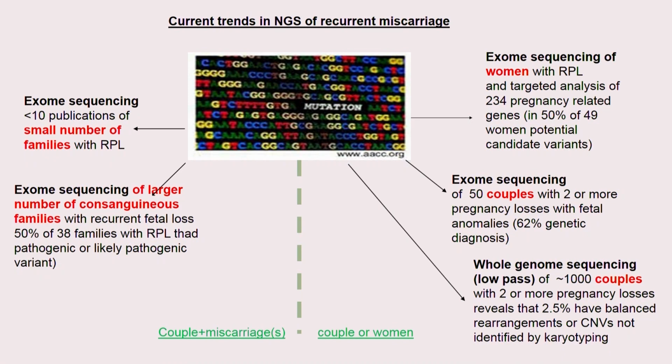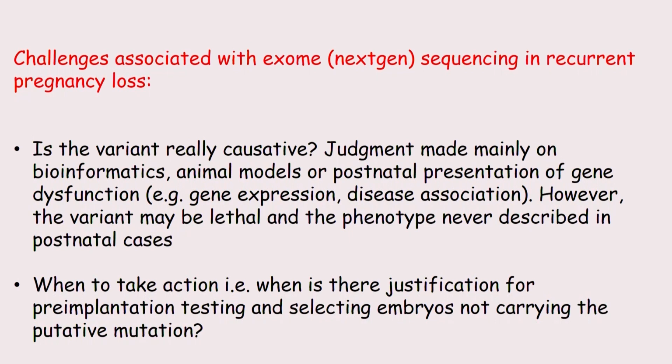And it revealed that 2.5% of those couples have balanced rearrangements or CNVs not identified by karyotyping, which means that typically it's quoted that 3% of couples with recurrent loss have a visible chromosomal balanced rearrangement, but now we are adding about the same number of couples if one can use this whole genome sequencing approach as the authors did.